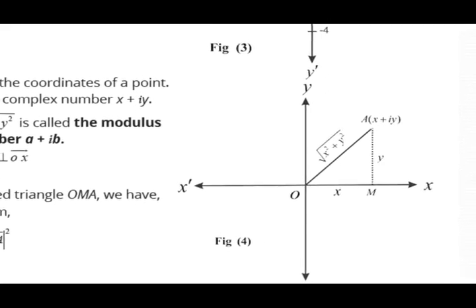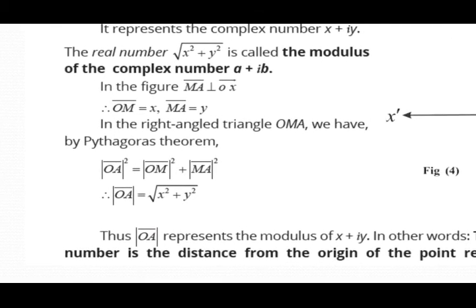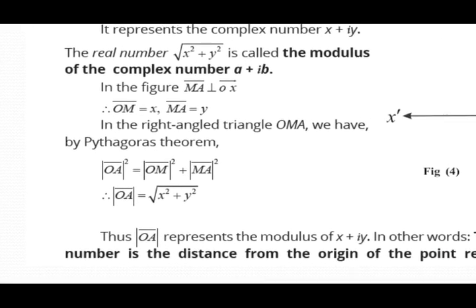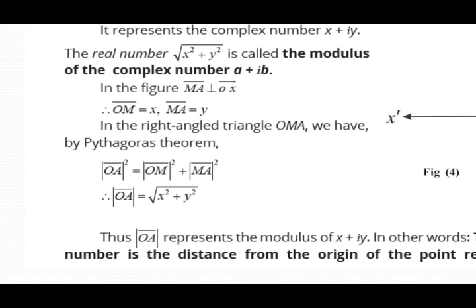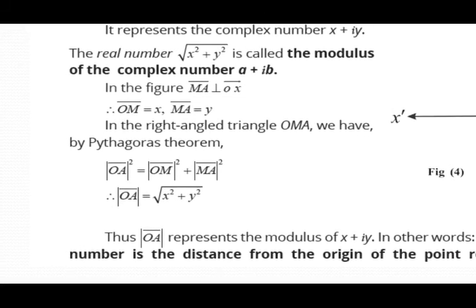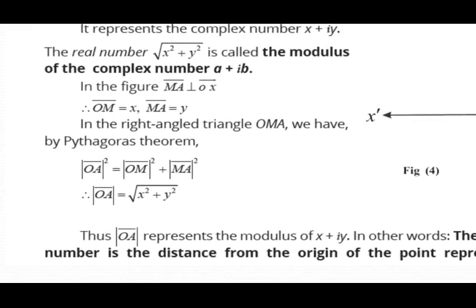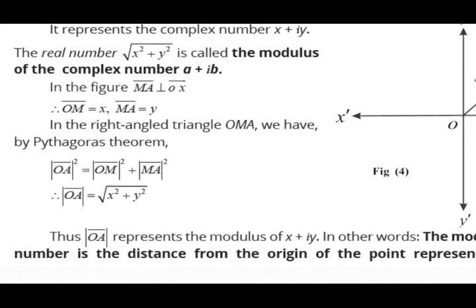We apply the Pythagoras theorem, and OA becomes the square root of x square plus y square, the modulus of a complex number. This is also the distance of the complex number from the origin, where the x-axis and y-axis intersect.